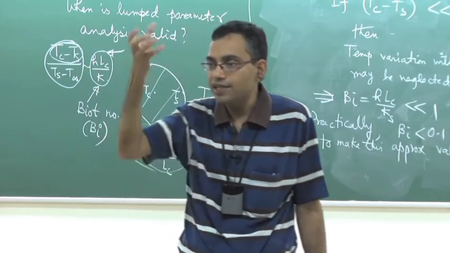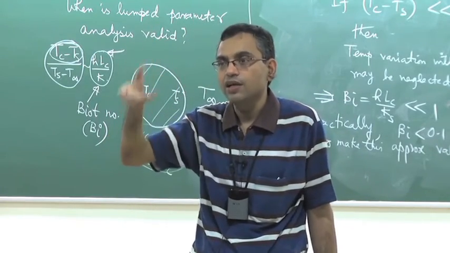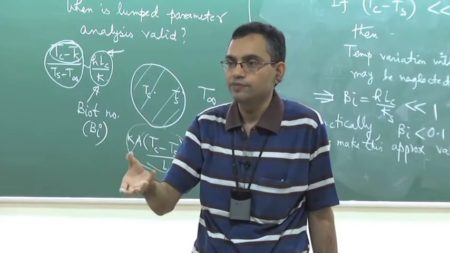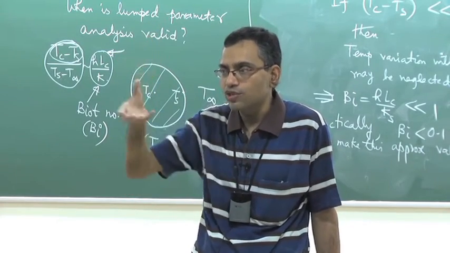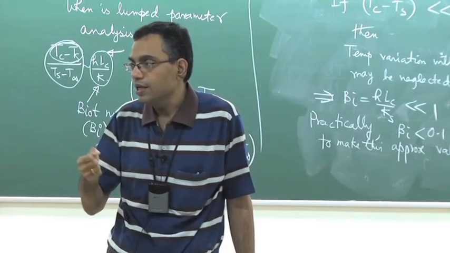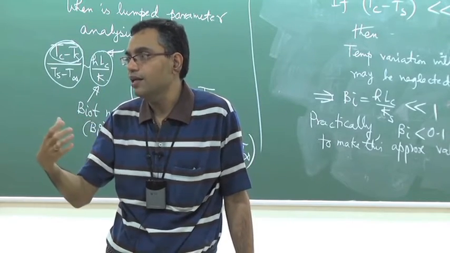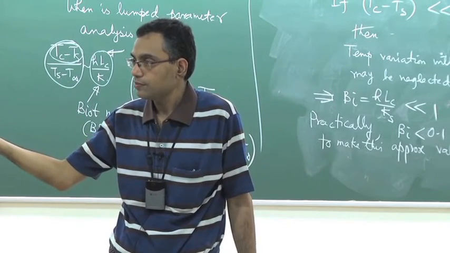So that means the riser must lose heat most slowly. If the riser must lose heat most slowly, then the time constant of the riser must be large, right.